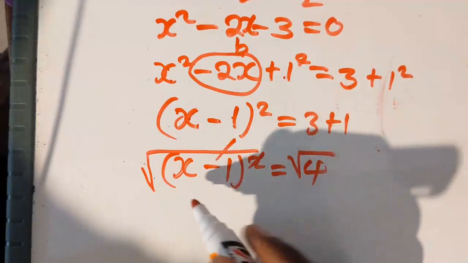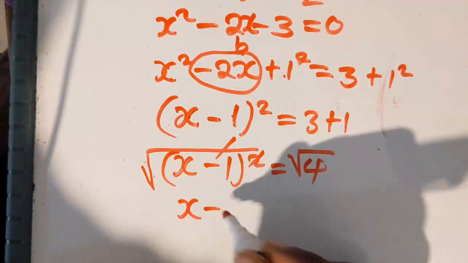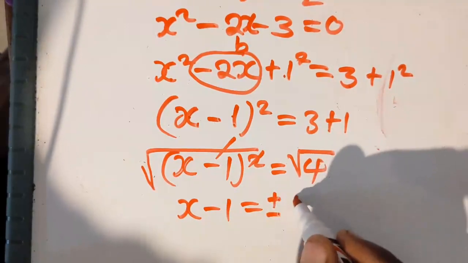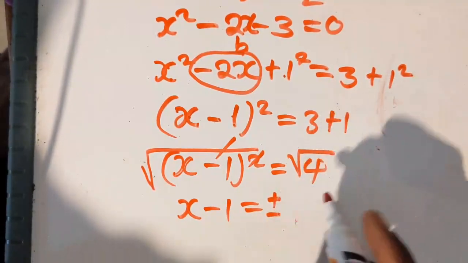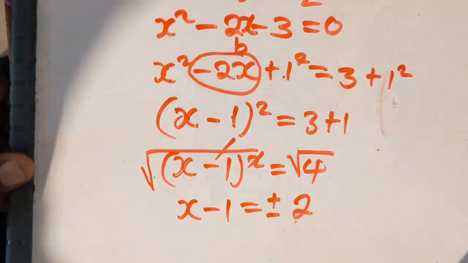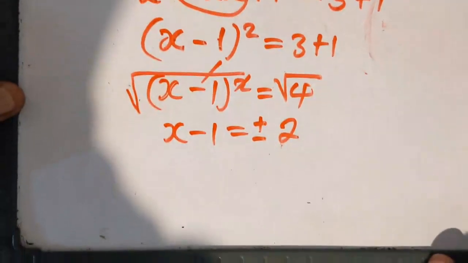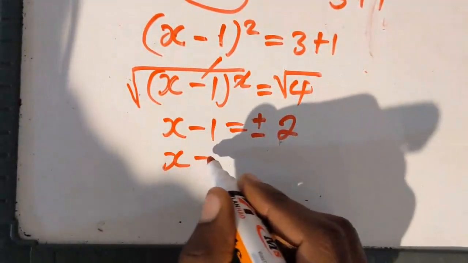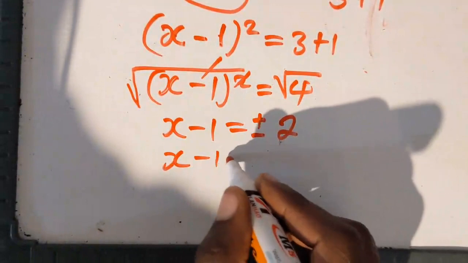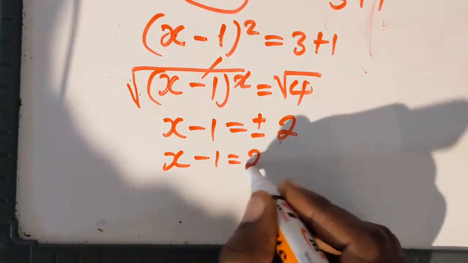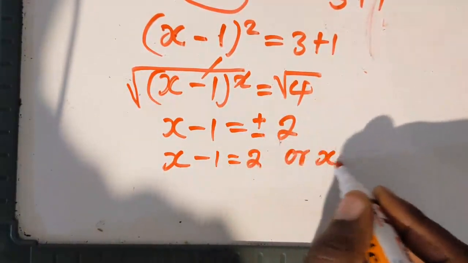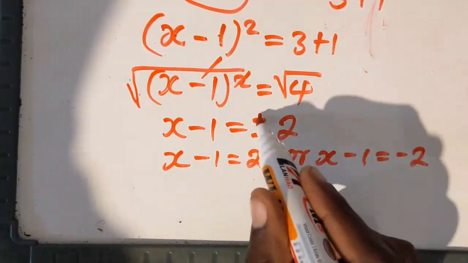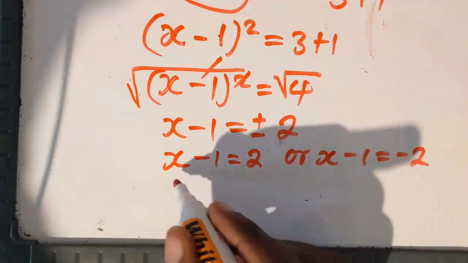We cancel that, then x minus 1 is equal to positive or negative the square root of 4, which is 2. Then from here you can solve: x minus 1 is equal to positive 2, or x minus 1 is equal to negative 2. Because there is a positive and a negative, just separate them, then you solve the value of x.